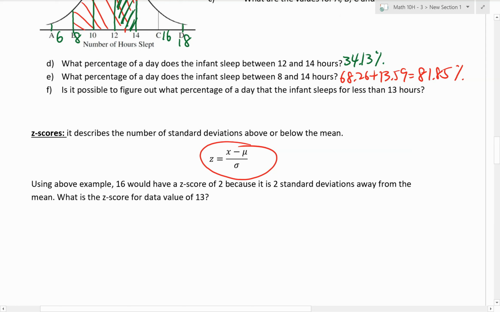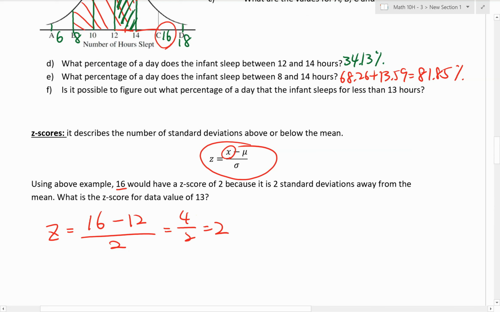If you use this formula, it makes sense. Z is equal to 16 minus the mean, which is 12, divided by the standard deviation of 2. This is 4 divided by 2, which is 2. It makes sense, 16 is 2 standard deviations away.